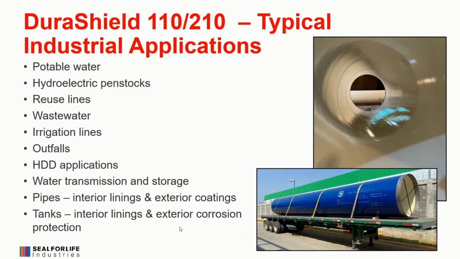We can do horizontal directional drilling with this product by itself, where our sister companies, Ganusa on the Seal for Life field joint side, sell a product called Powercrete, which is a sacrificial epoxy that goes over fusion bond epoxy to save it from being delaminated when it's pulled through horizontal directional drilling boreholes. So that would be something where they've drilled a borehole straight through the earth somewhere, and they drag that pipe right through from one end to the other.